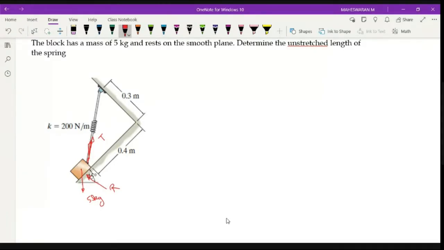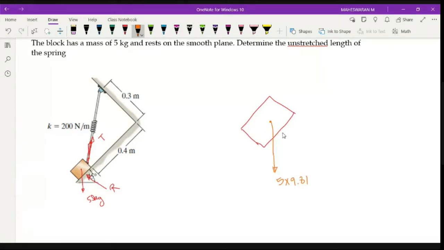So let us draw what will be the free body diagram for this separately, right? So when I draw it here, you can see that this is my block, right? So this block has weight acting downward, which is 5 multiplied by 9.81, because 5 is in kilograms, we have to convert it to Newton. So I have to multiply with 9.81, right?